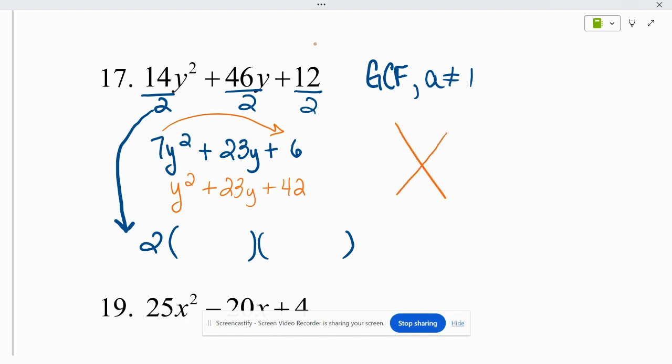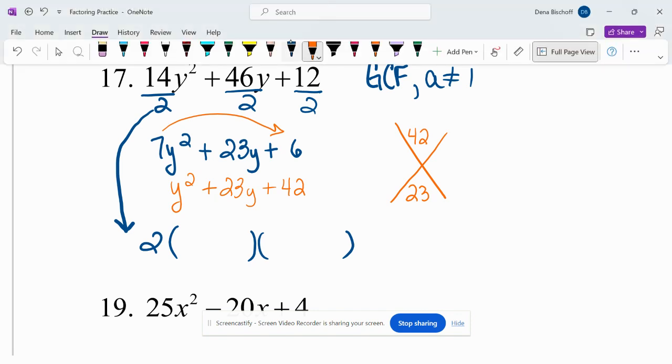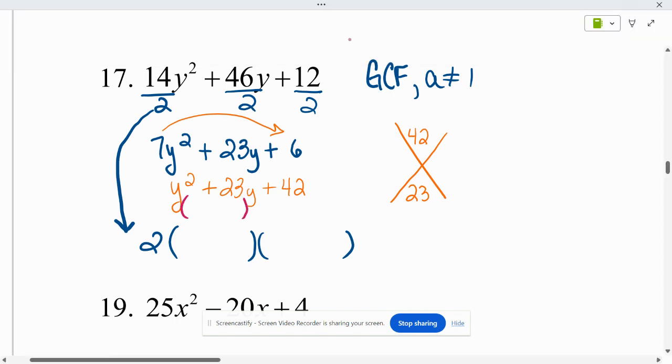So Jaden, you're looking for two numbers that multiply together to 42, that when you add them, you get 23. 2 and 21. Good job. So A is 1.